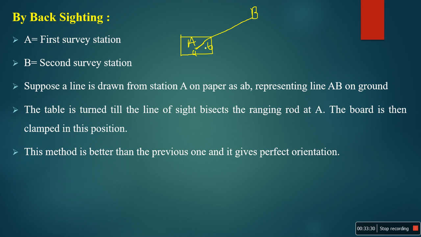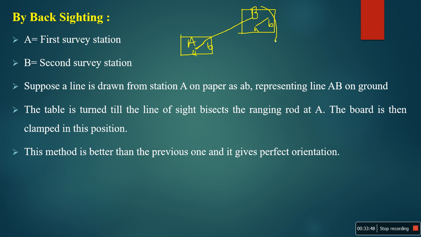Then later shift your plane table instrument to station B. On that one, the AB line is already drawn. Now keep your alidade on the previously drawn ab line.